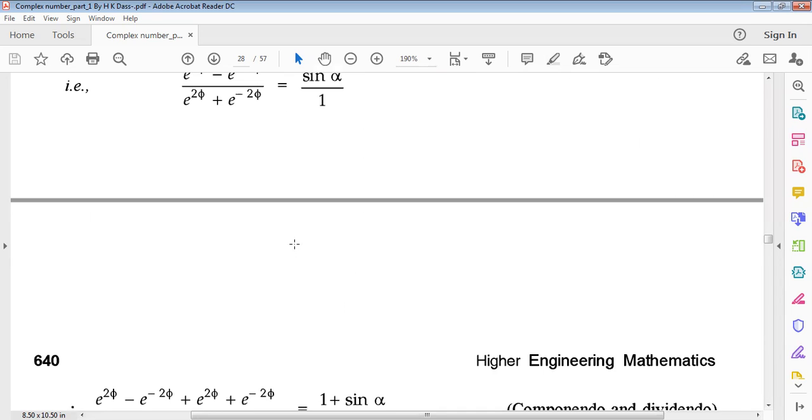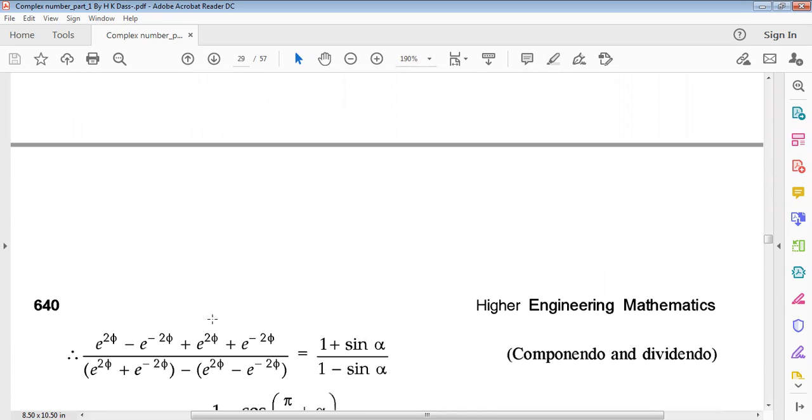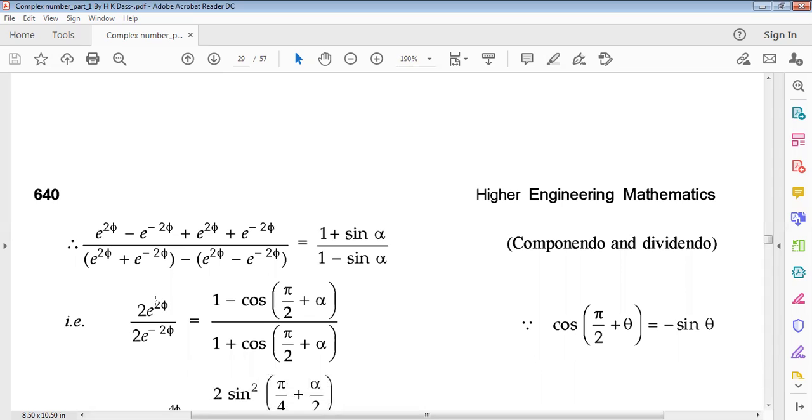Now using componendo and dividendo, that means numerator plus denominator over numerator minus denominator: (1 + sin alpha) divided by (1 - sin alpha) equals 2 e to the power 2 phi divided by 2 e to the power minus 2 phi.